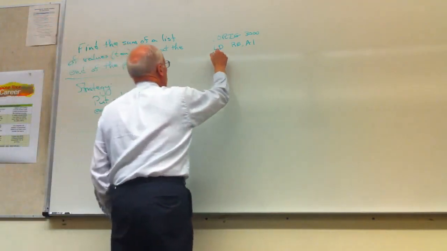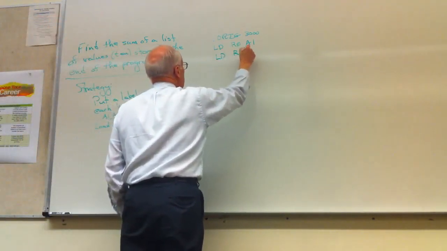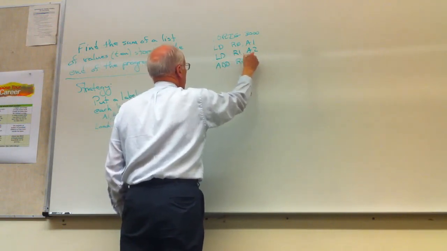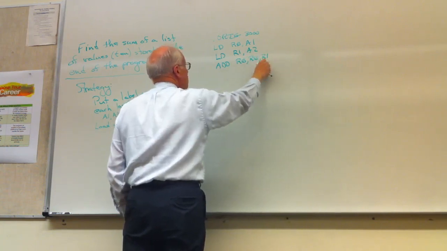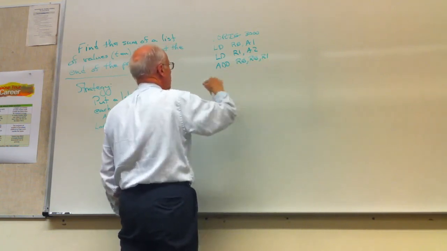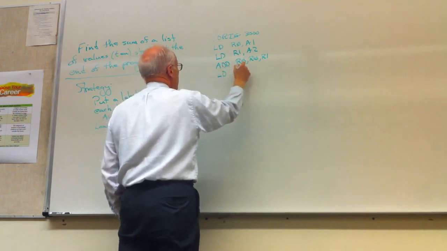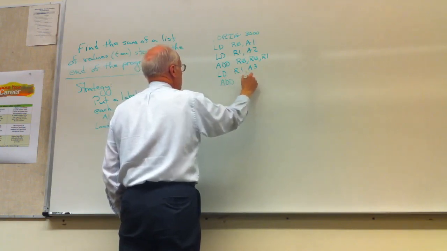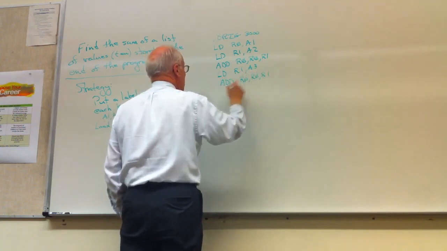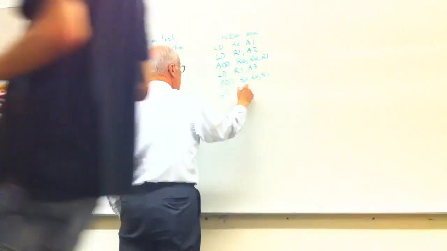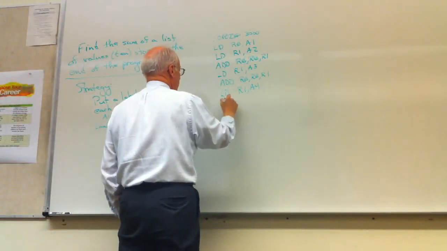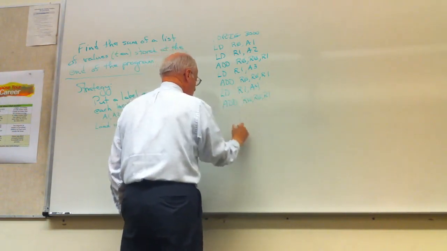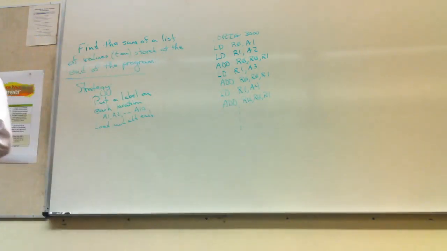Then we'll load register 1 with the second value and add the second value to the first value and put it in register 0. Then we'll load register 1 with A3, add register 0, register 0, register 1. You get the idea? A4, add. We can do all 10 of them that way, right?